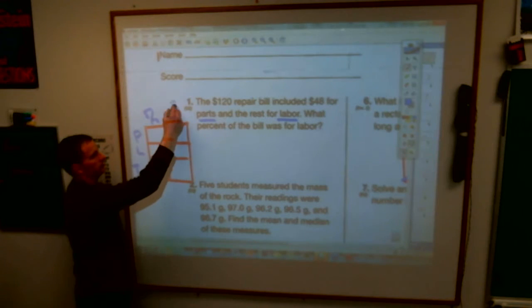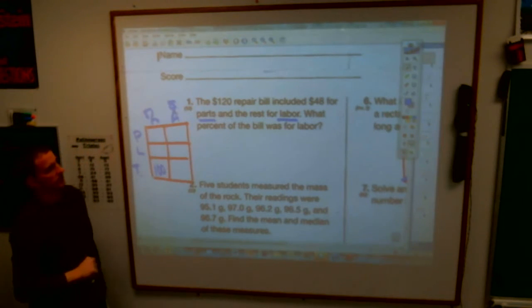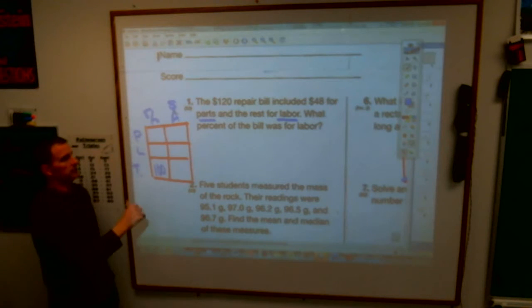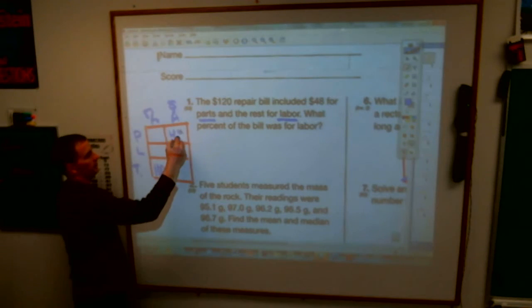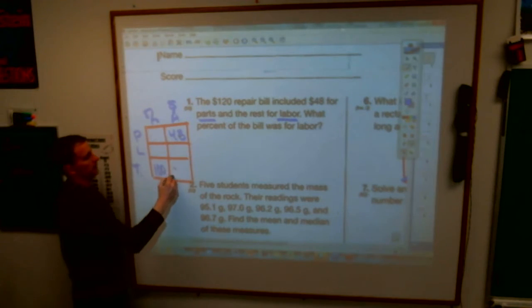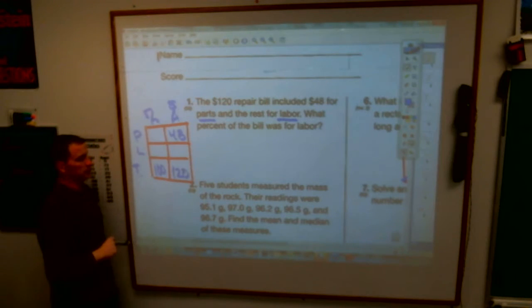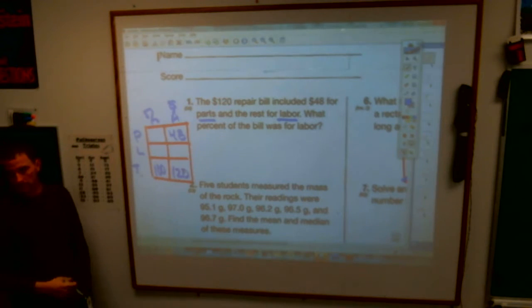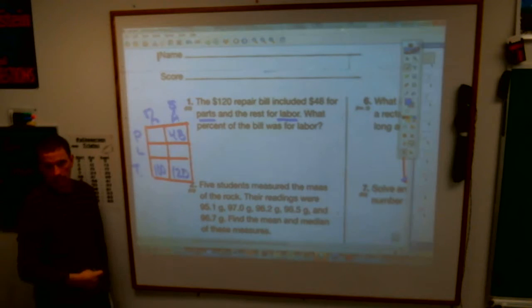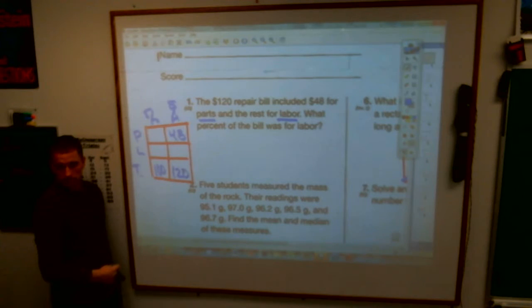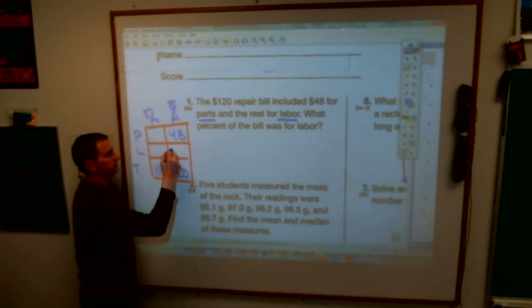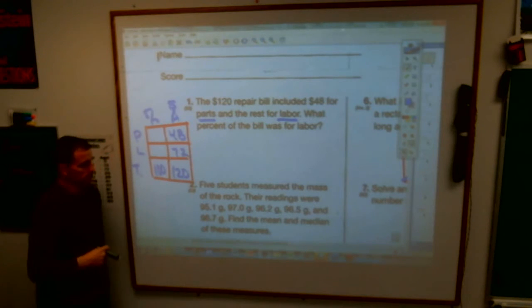What is my actual dollar cost? Do I know how much my parts are? Yeah. Do I know how much my labor is? But I can figure that out because I know the total bill is 120. How much does labor have to be? 120 minus 48? Jaden? 72.